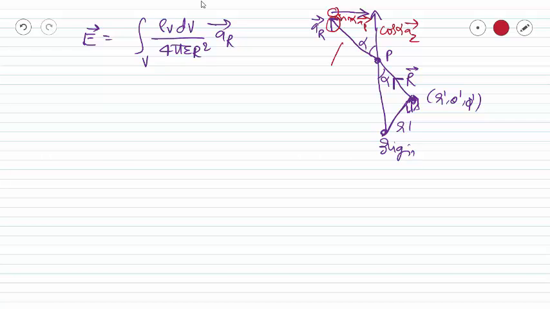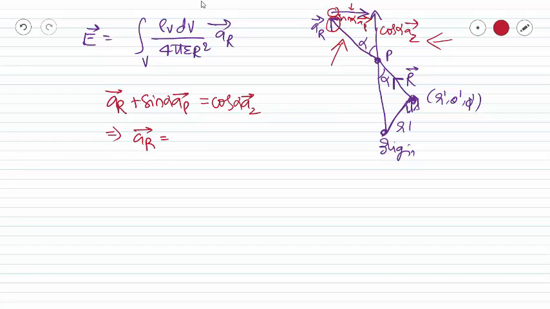So if I add this vector and this vector, I will get the resultant as this vector. From the vector addition rule, ar bar plus sin alpha a rho bar is equal to cos alpha az bar. So ar bar is equal to cos alpha az bar minus sin alpha a rho bar.